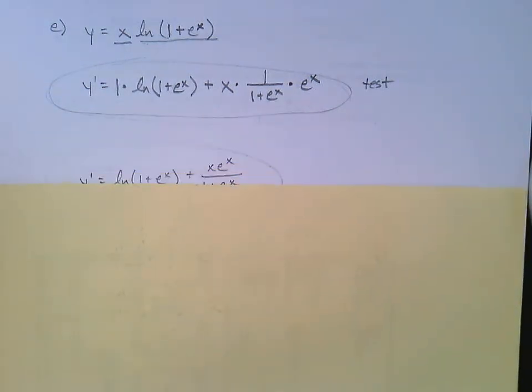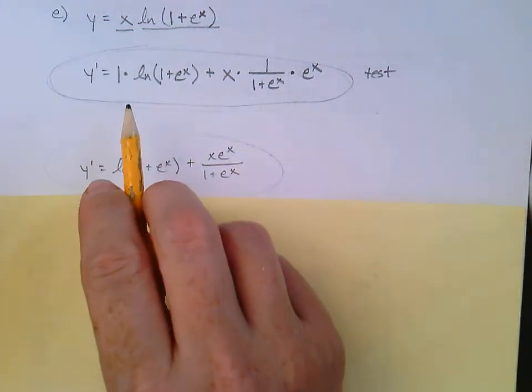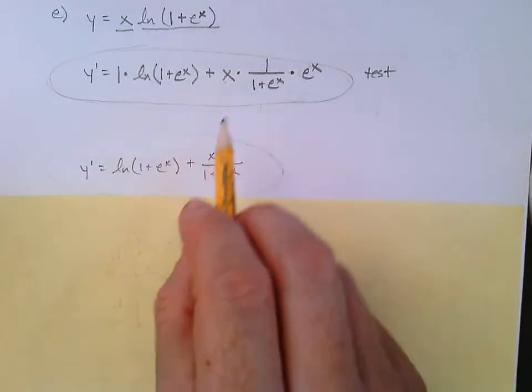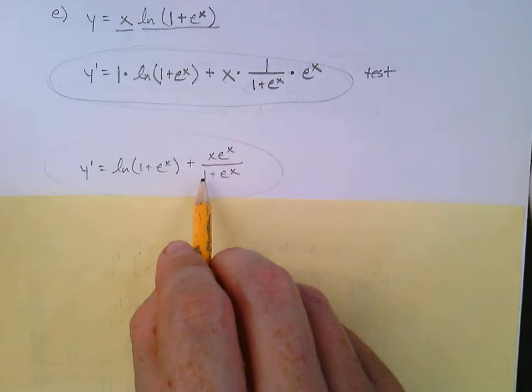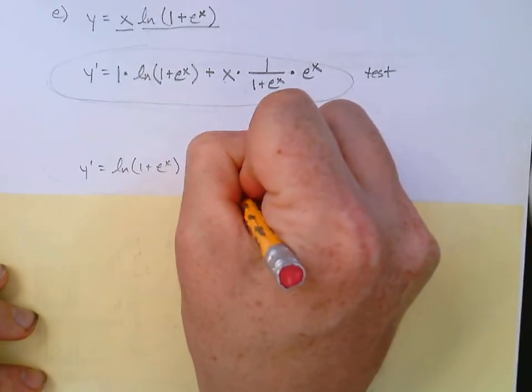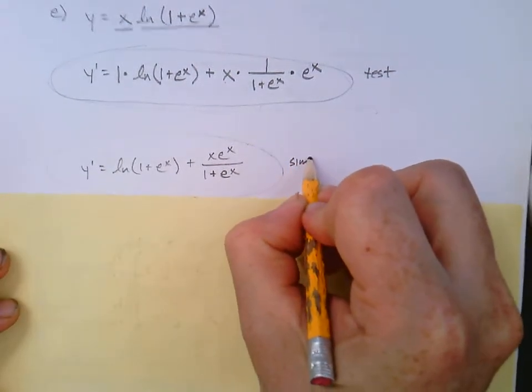If you wanted the simplified version, well, there's not really a lot to do. You get rid of the 1 times, right? We don't need that. And you could put the x and the e to the x up here in the numerator, x e to the x over 1 plus e to the x. There's really not all that much, but that would be the simplified version.